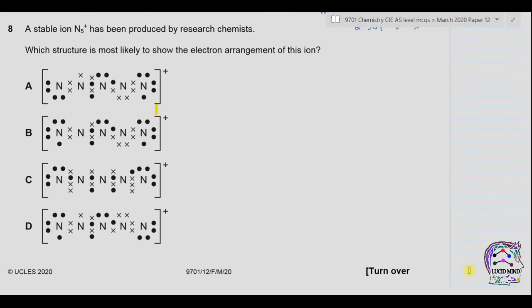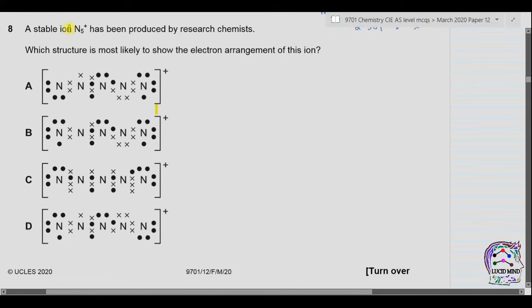Question number 8. A stable ion N5+ has been produced by research chemists. Which structure is most likely to show the electron arrangement of the ion? So it says that the N5+ is stable.